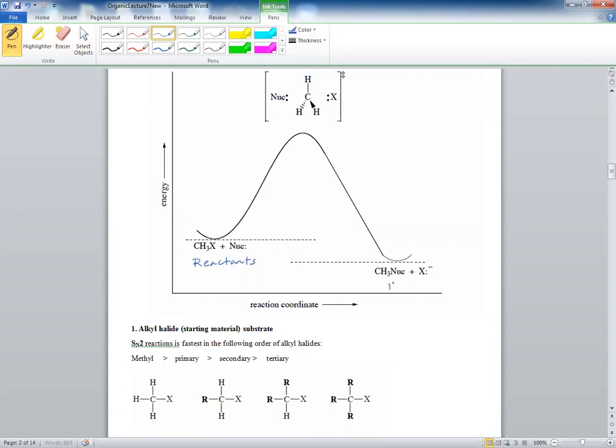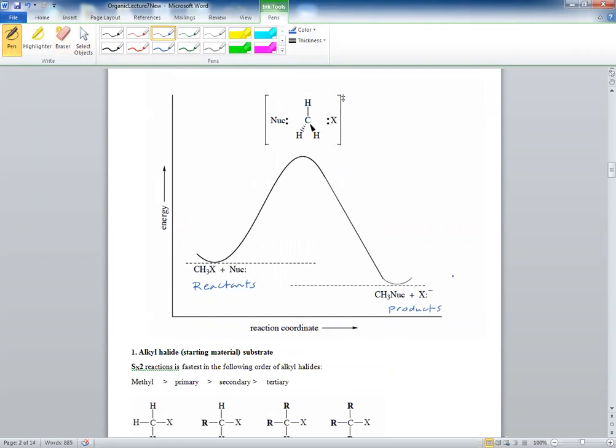And of course, you have your products, right there. So just to mark some things, as the reaction takes place, this is our activation energy.